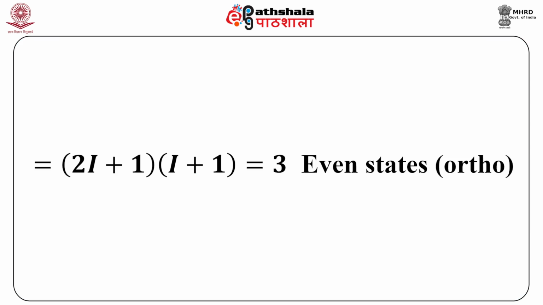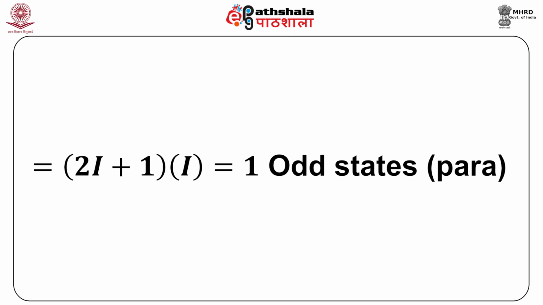Out of the total spin states, (2I plus 1) whole square, the number of symmetric spin states will be (2I plus 1) into (I plus 1). These will be even states, and we will call them ortho states. The number of antisymmetric spin states would be (2I plus 1) into I. These will be odd states, or we will call them para states.